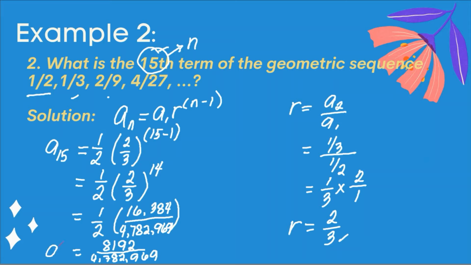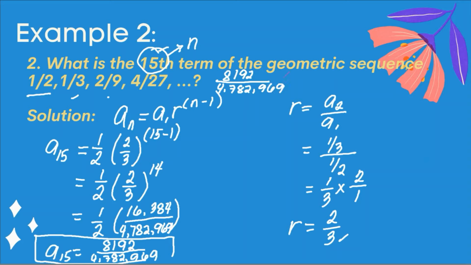So this is our a sub 15, and this is our final answer. Going back to the question, what is the 15th term of the geometric sequence? The 15th term of this sequence is 8,192 over 4,782,969.